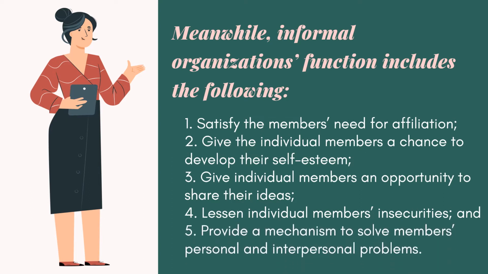And then number five, provide a mechanism to solve members' personal and interpersonal problems. Since you have close affiliations with one another, or you're going to build up a close relationship with one another, you will have your own support system, and then you can have a mechanism to resolve those personal or interpersonal problems.